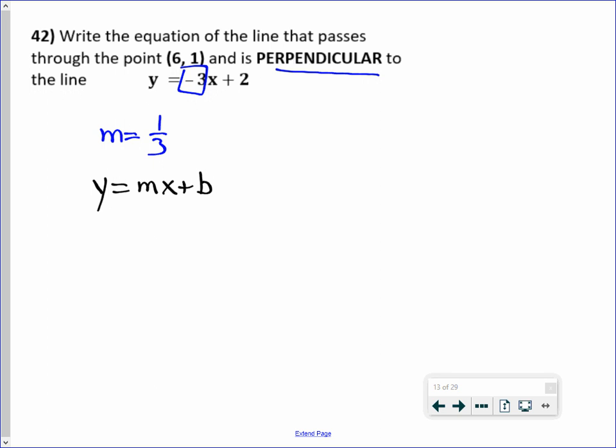But now the problem is the same as the last one. I plug in what I know. I know that y is 1 when x is 6.